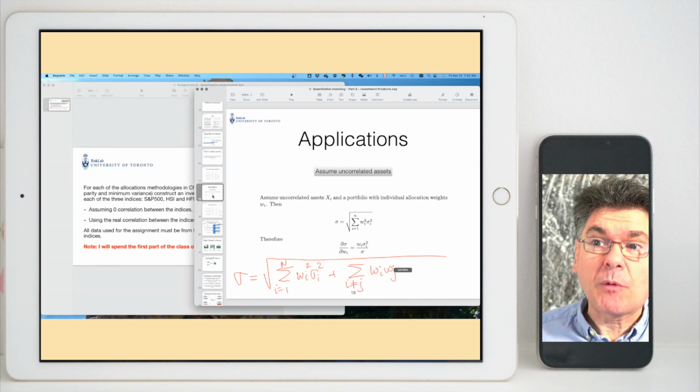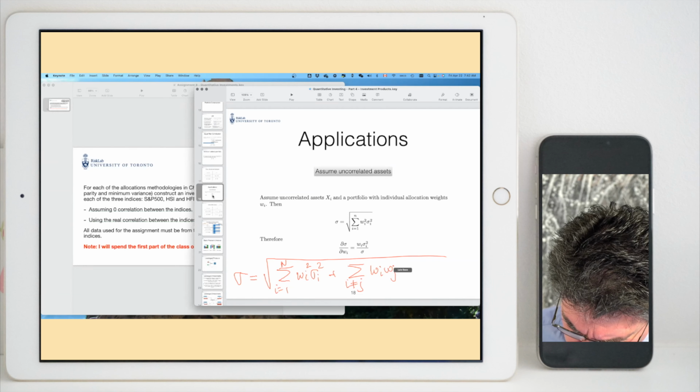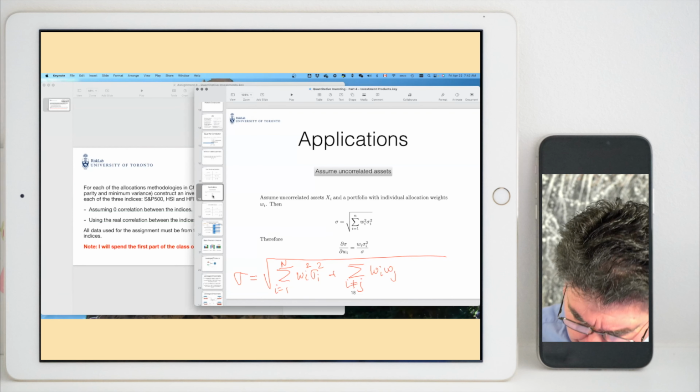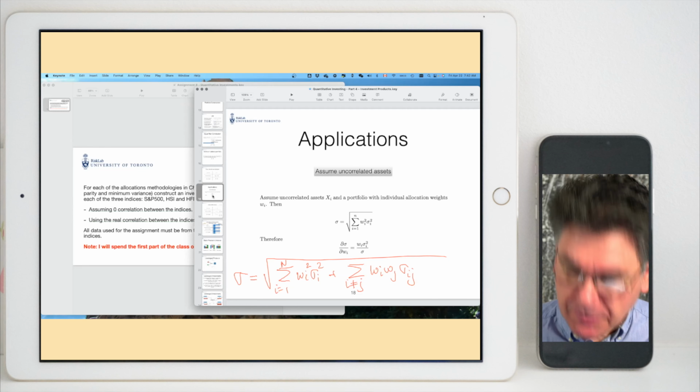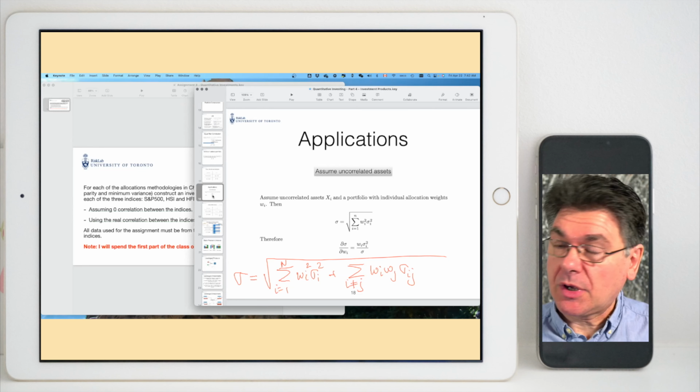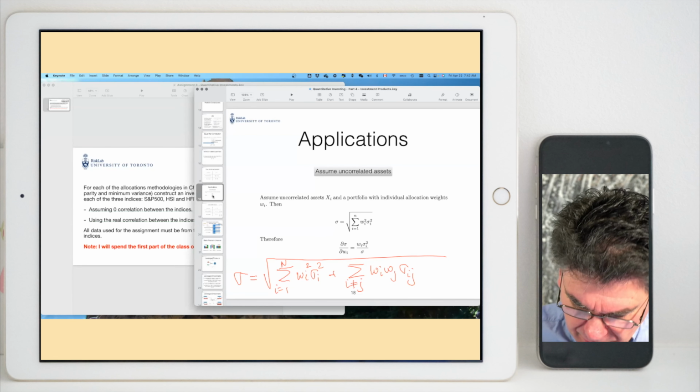You have to multiply the weights on each of the investments times the covariance between those investments. So the covariance you can find. You're going to find the covariance matrix. That already tells it.